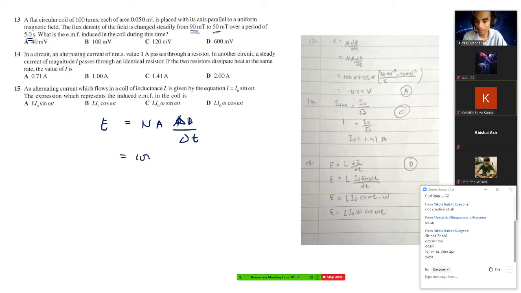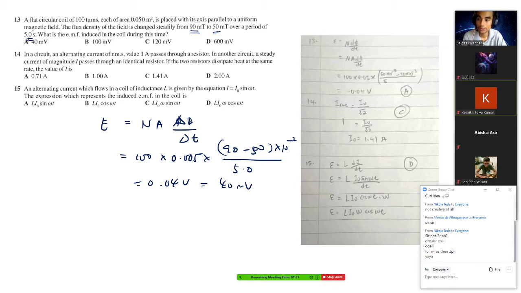So it will be 100 times 0.005 times 90 minus 50, in milli, divided by 0.5, so you have 0.04 volt, or 40 millivolt. So the answer will be A.